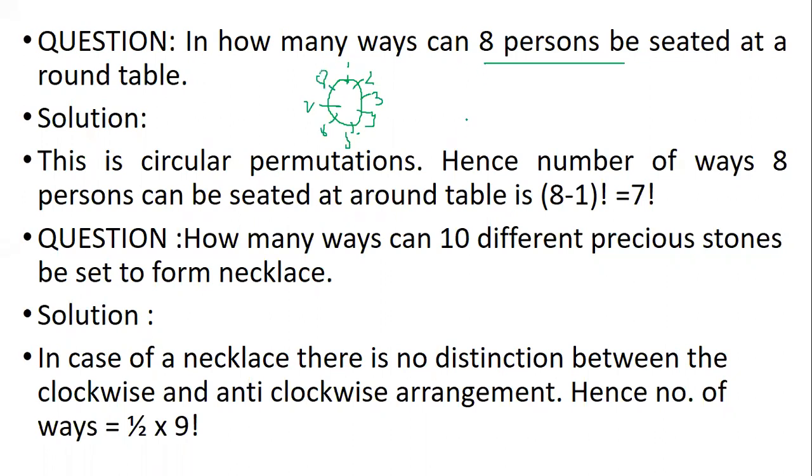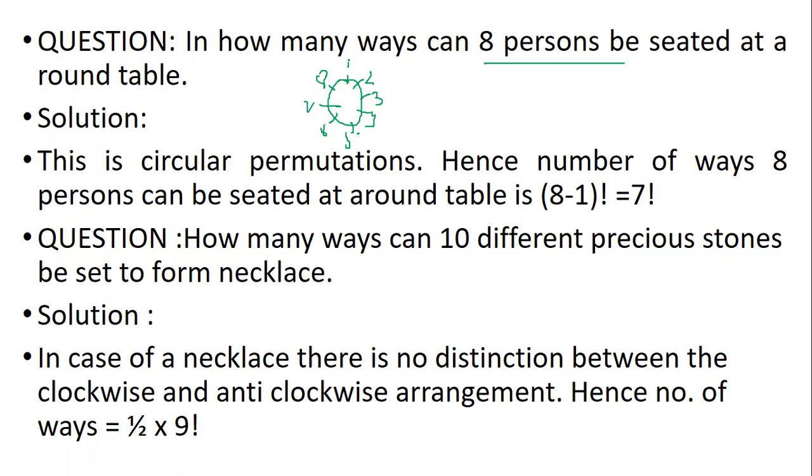So there are 8 people sitting at the round table. Now, how many ways can they sit? Here they have not asked us to do anything. It is just a plain question about people sitting at a round table.